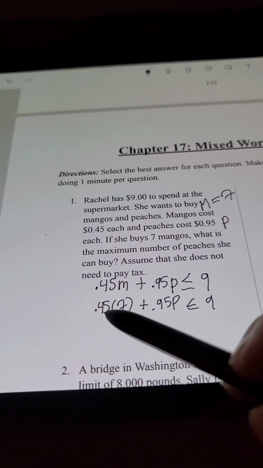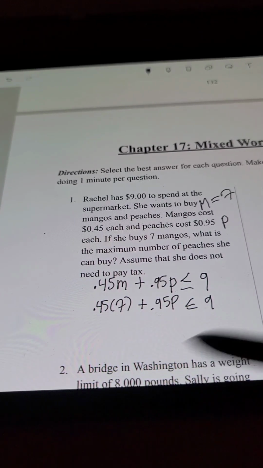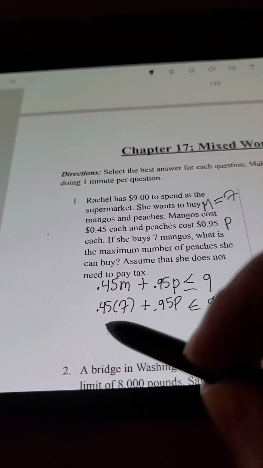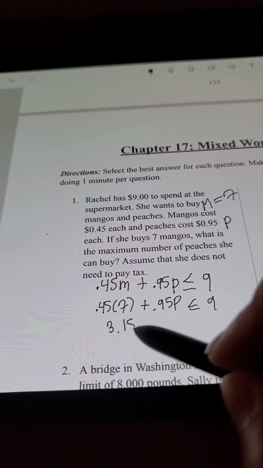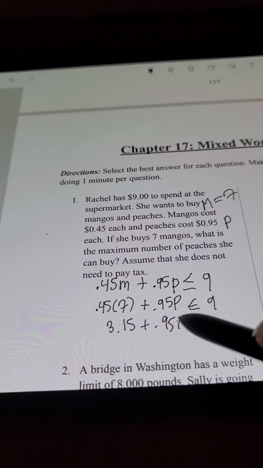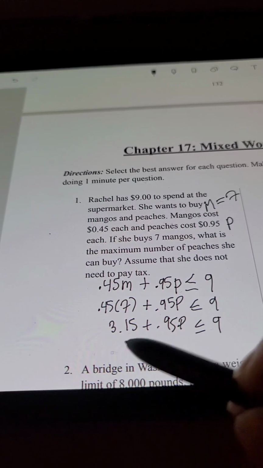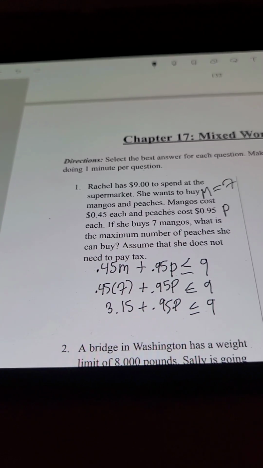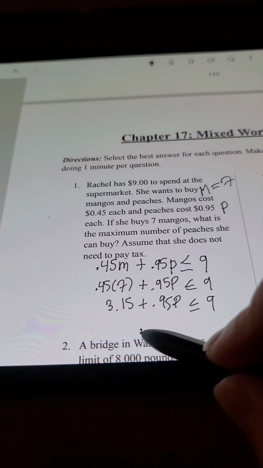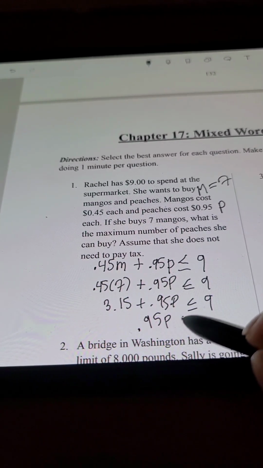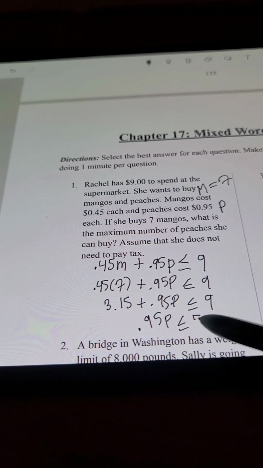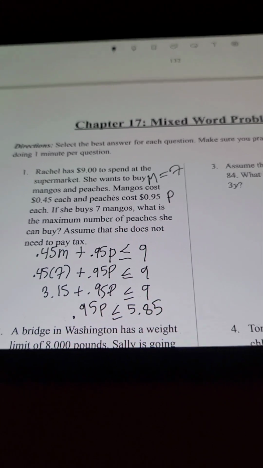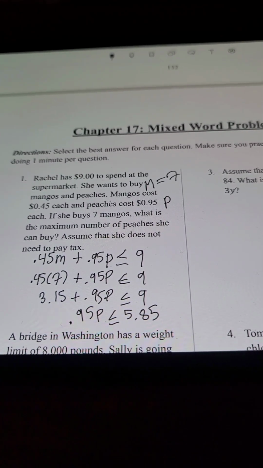So I'm going to start by multiplying this out and then subtracting it from each side. So that's going to be 3.15 plus 0.95p is less than or equal to 9. Now I'm going to subtract 3.15 from each side, and that's going to give me 5.85. Now I just need to divide by 0.95 on each side to get p completely by itself.